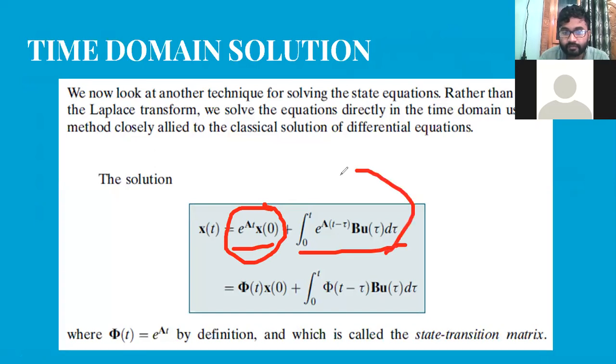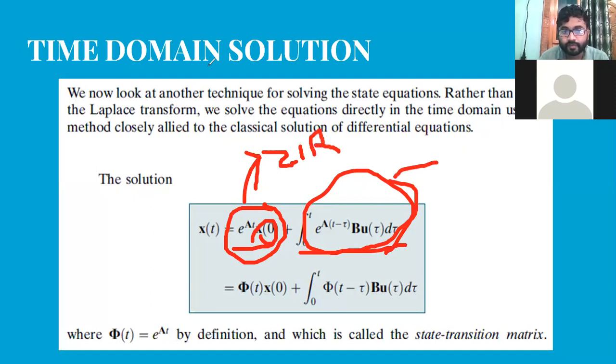In second term, there is no state or initial state, that is x of 0. So the first is called zero input response, ZIR, and the second is called zero state response, ZSR.